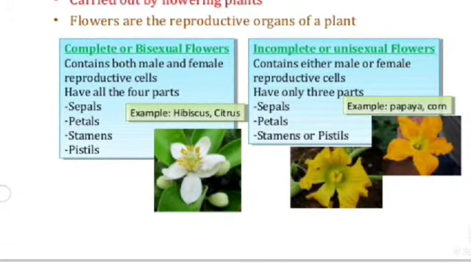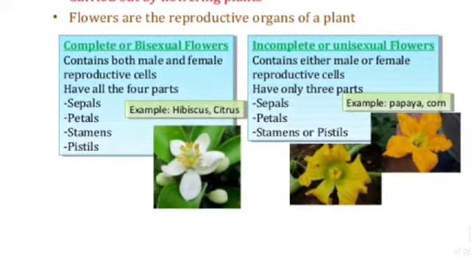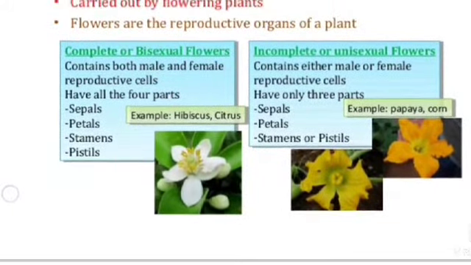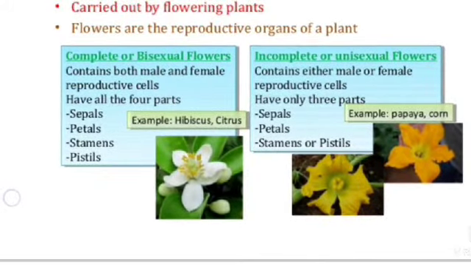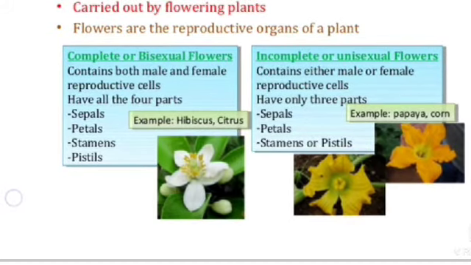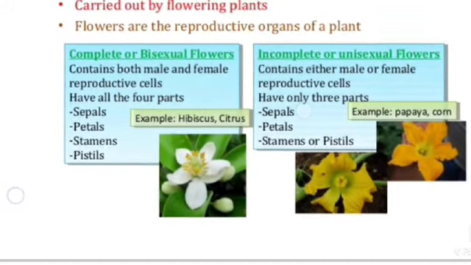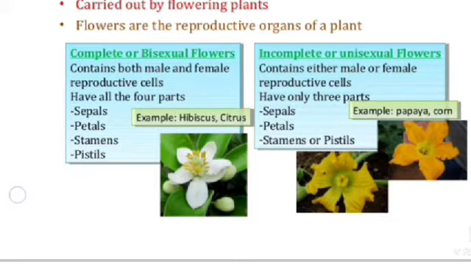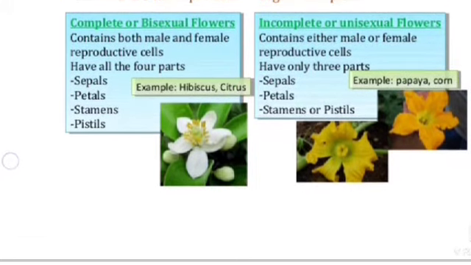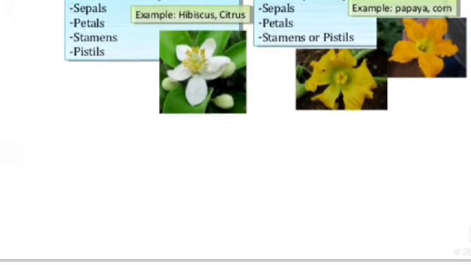The complete flower, containing both male and female reproductive cells, has all four parts: sepal, petal, stamen and pistil. Examples: hibiscus and citrus. An incomplete flower contains either male or female reproductive cells and has only three parts: sepal, petal, and stamen or pistil. Examples: papaya and corn.